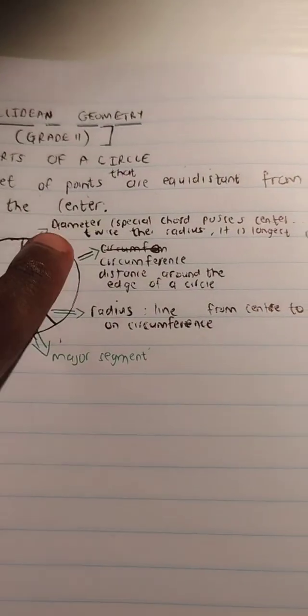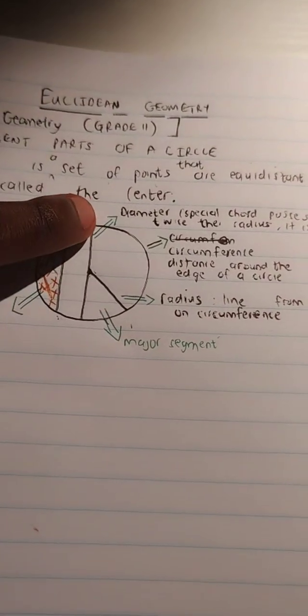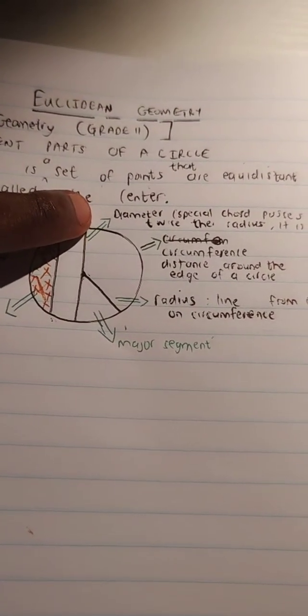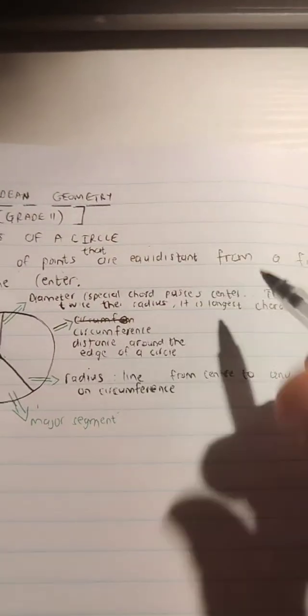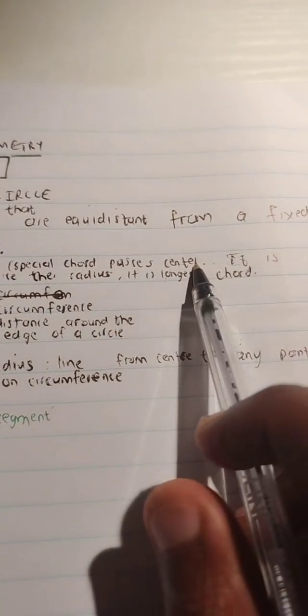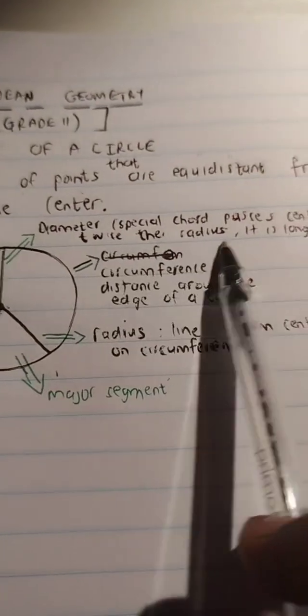So a diameter is a line that extends from one end of the circumference through the center to the other end of the circumference. It's a special kind of chord, and additionally it passes through the center, because that's what makes it unique. It is twice the radius.